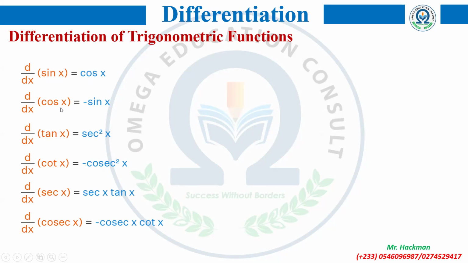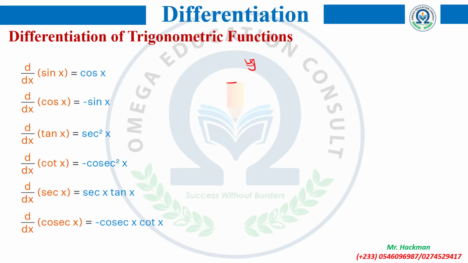If you differentiate cos, you get minus sine. Take note: if I differentiate sine, I get cos. If I differentiate cos, I get minus sine. I don't get sine. Take note of that. And if you differentiate tan, you get this. Usually I don't give students this straight away, because tan can be expressed in terms of sine and cos.